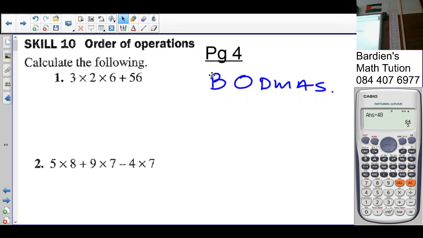This is the BODMAS worksheet I'll be handing out. Make sure you have one. Write your name on the worksheet.